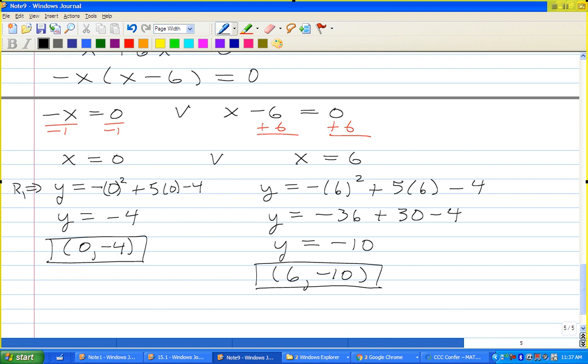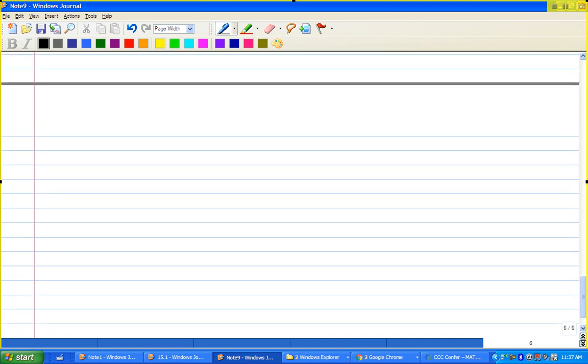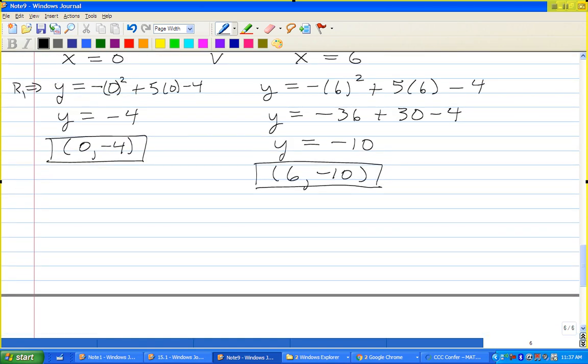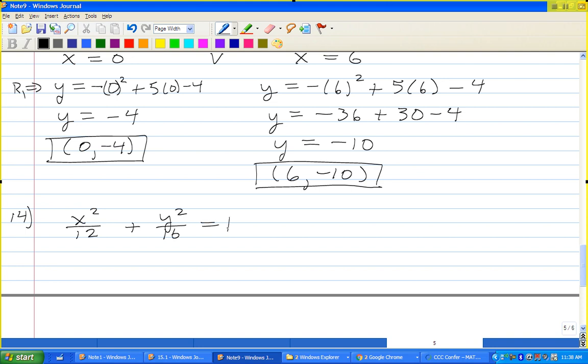Let me do problem number 14. x squared over 12 plus y squared over 16 is equal to 1.